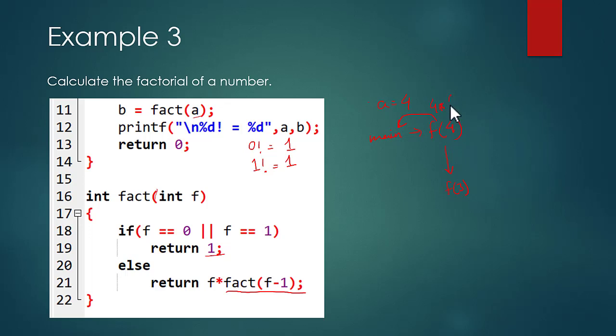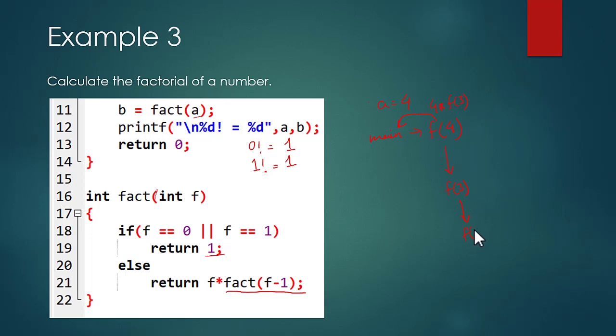Now in f(3), the f value will become 3, and as it is not satisfying this if condition, it will go to the else part and call itself with the parameter f minus 1, that is 3 minus 1, 2. So it will call itself with the parameter 2.